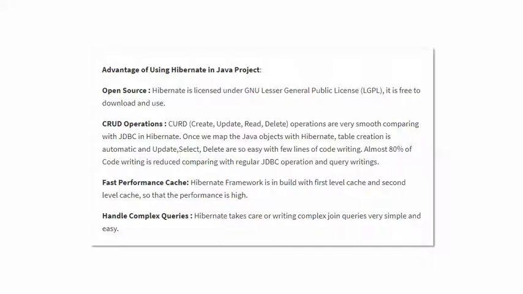When you're trying to do some common transactions, common updates, or common insertions using Hibernate, and you request the same transaction again, with the help of the first level cache, which is enabled by default in Hibernate, the transaction is quicker. With the help of cache, you can execute the query a little bit faster. So like I said, the Hibernate framework is built with first level and second level cache, so that the performance is high.